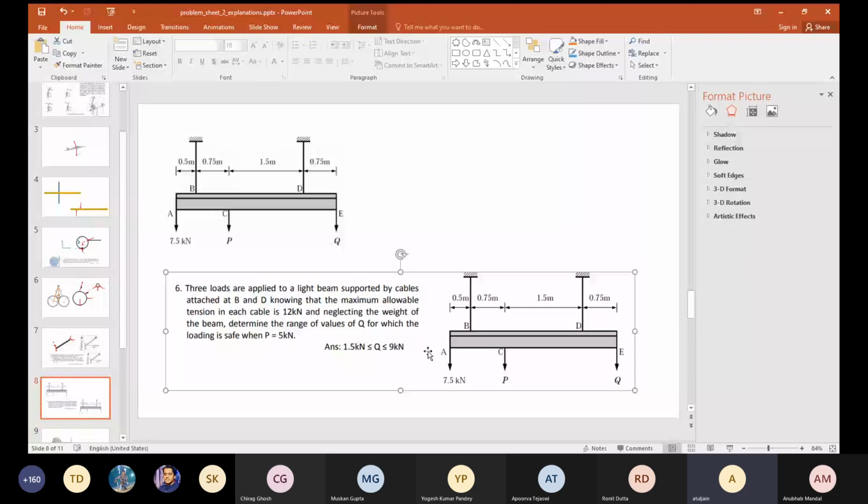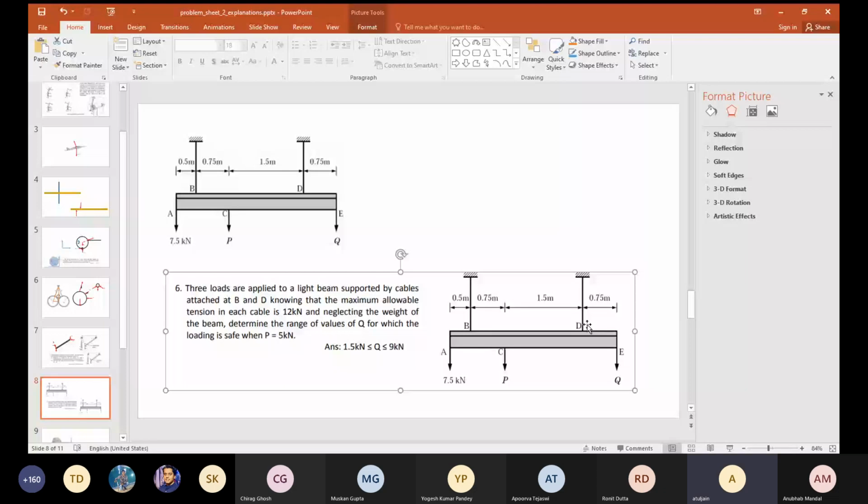We have to find out what is the range of Q so that my entire structure is in a state of equilibrium. Because if the load in the string is greater than 12 kilonewton, then the string is going to break. Either B or D will break as soon as the tension in the thread at B or at D is greater than or equal to 12 kilonewton.